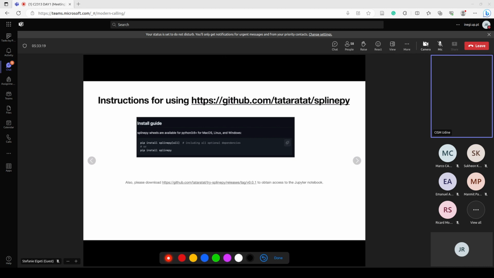There's a Jupyter notebook that should guide you through some functionalities of the software. So you can generate Bézier splines, B-splines, NURBS, everything that we talked about. You can plot the basis functions, and you can try to design your own personal geometry that you need for your own application.